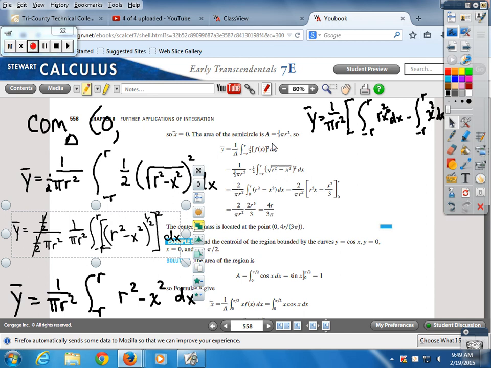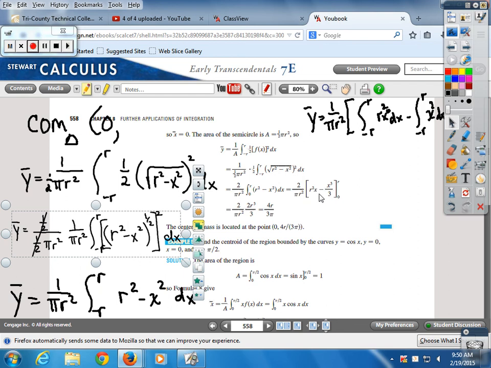What did they do? Remember doing that? U substitution. Could they have done U substitution? Well, let's say U is equal to r squared minus x squared. I'm just talking out loud. Or right here, you can use U substitution here.